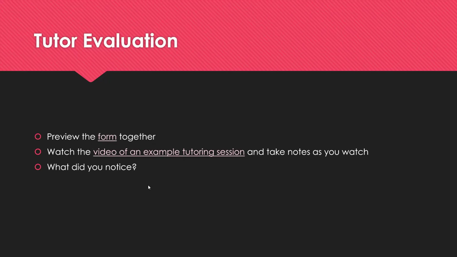And then based on that form, we're going to watch a video of an example tutoring session from another college and think about what that tutor is doing well, maybe what that tutor can improve on based on the categories and topics that are on that tutor evaluation form. And we'll take some notes as we watch that and then discuss the benefits and drawbacks that that tutor had as they went through that session. We'll discuss that together afterwards.